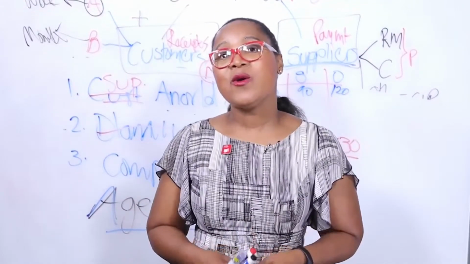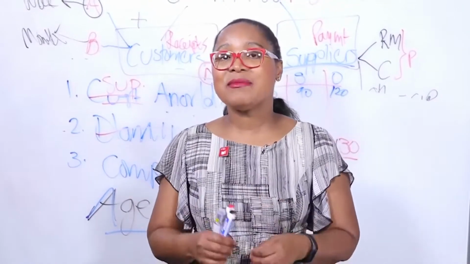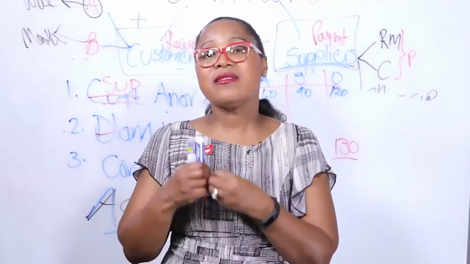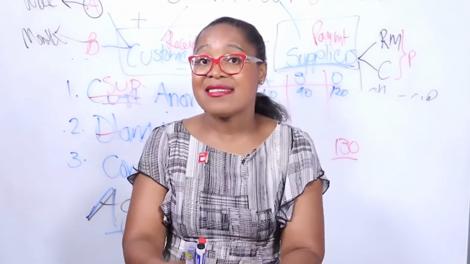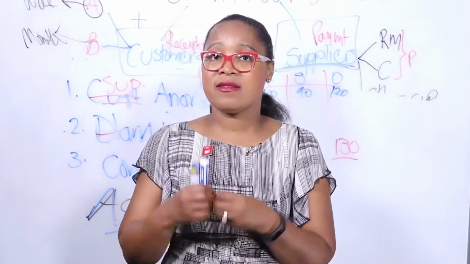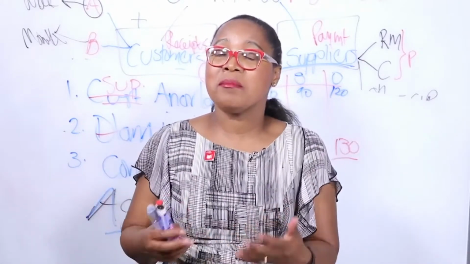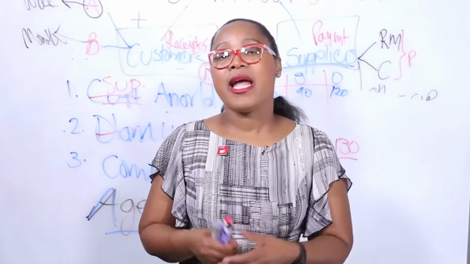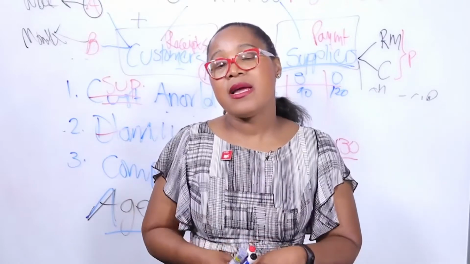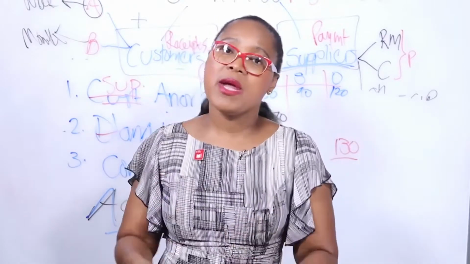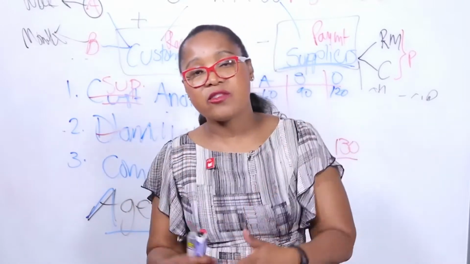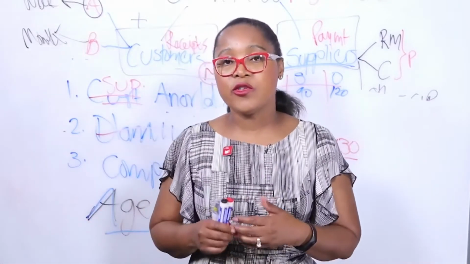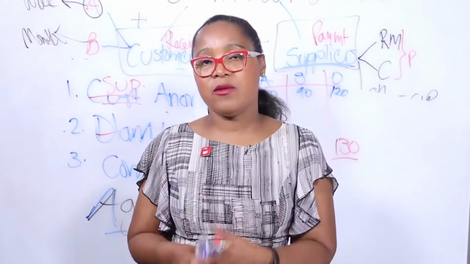Number two, you're going to need to know what terms and conditions you have given your customers, and what terms and conditions the suppliers have given you, as the scope of how much you can buy from them, including your credit limit. And when should you be paying them? Other suppliers will say pay within 15 days, others will say cash on delivery, others will say 30 days is fine. You also need to make sure that you live by those.